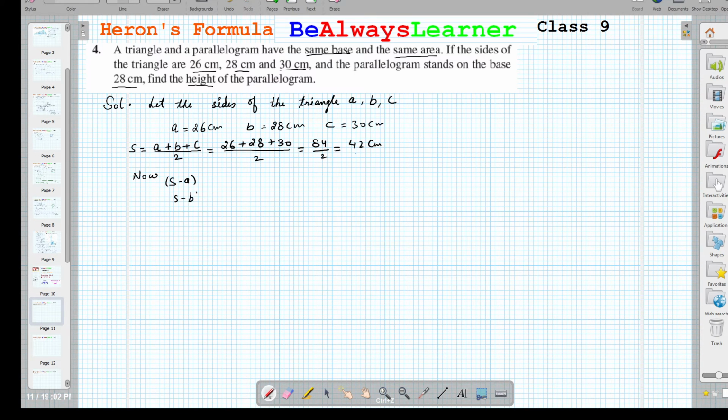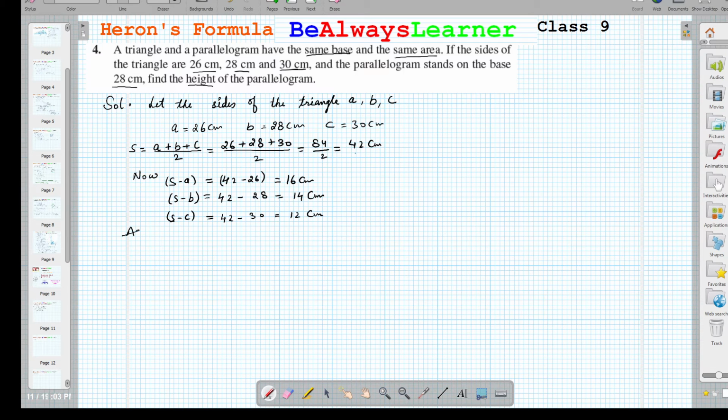So these are S minus A, S minus B and S minus C. S minus A will be 42 minus 26, so that comes out to be 16 centimeters, and S minus B is 42 minus 28, that is 14 centimeters, and the last one is 42 minus 30, so that will be 12 centimeters. So that's how we can calculate.